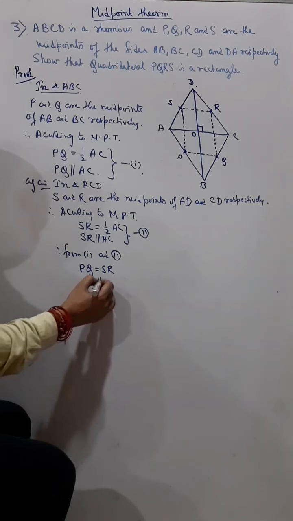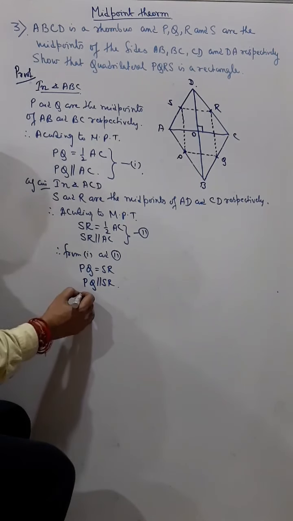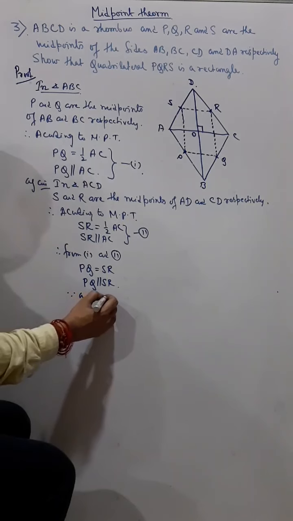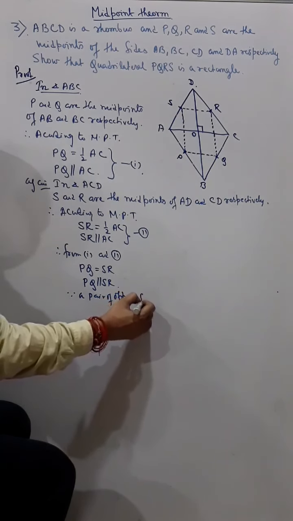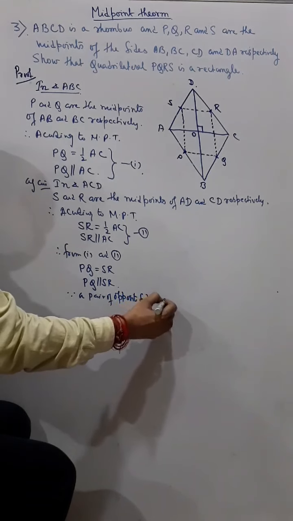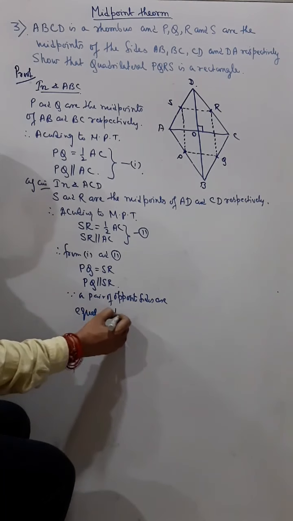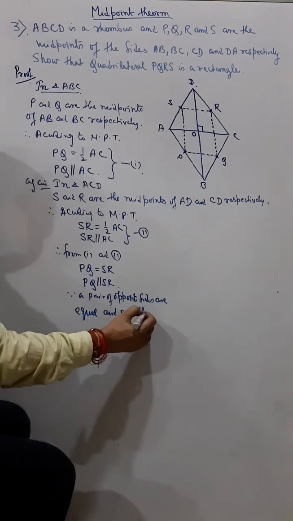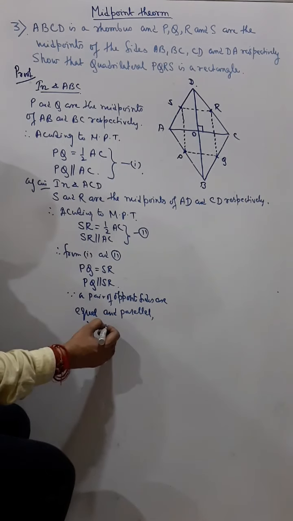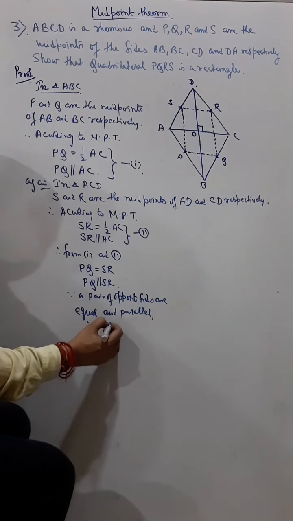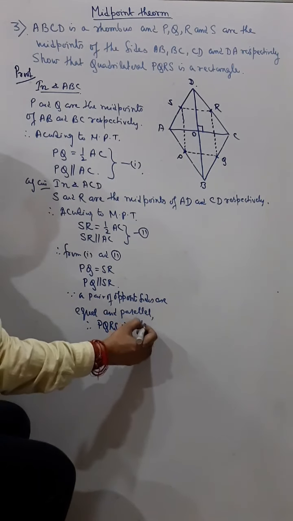and PQ is parallel to SR, and since a pair of opposite sides are equal and parallel, therefore PQRS is a parallelogram.